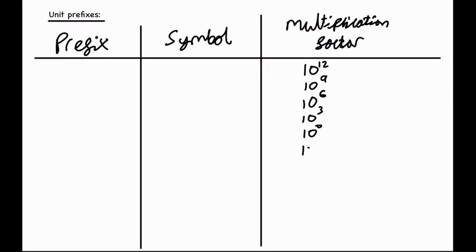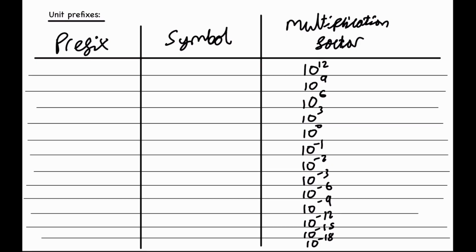So 10 to the minus 1, which is just 1 over 10, 10 to the minus 2, which is just 1 over 100, 10 to the minus 3, 10 to the minus 6, 10 to the minus 9, 10 to the minus 12, 10 to the minus 15, and 10 to the minus 18. And these are all the prefixes.